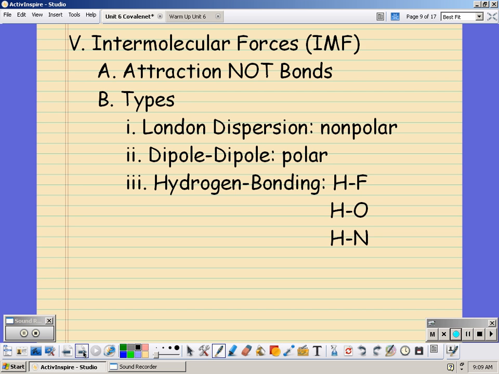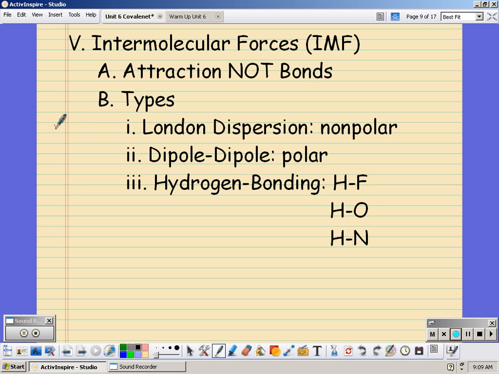Intermolecular force is the force of attraction between our molecules. It's not a bond between molecules, but a force of attraction. What holds all of our water molecules together in our glass of water? There are 3 types, and the types depend on what kind of molecule it is, whether polar or nonpolar. So nonpolar molecules are held together by London dispersion forces.